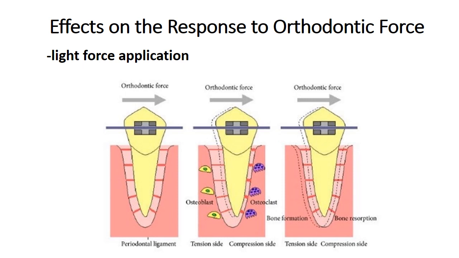The response to orthodontic forces. حتى نعرف الريسبونس of the tooth to orthodontic forces لازم نعرف انه اكو two types of orthodontic forces, light force and heavy force. So when light force is applied to a tooth, within a few seconds there will be alteration in the blood flow, compression of the PDL, and the escape of the tissue fluid. بعد تقريبا 4 ساعات there will be a release of cyclic AMP اللي هو second messenger.